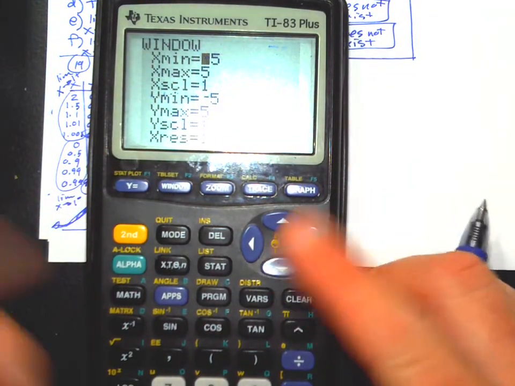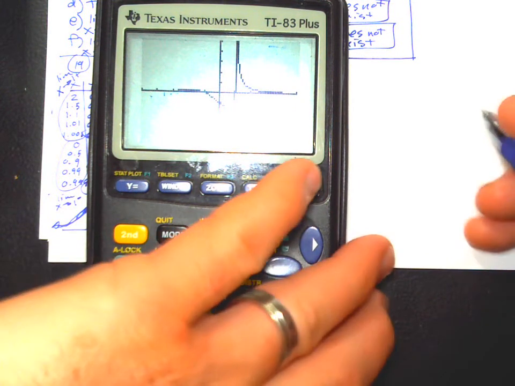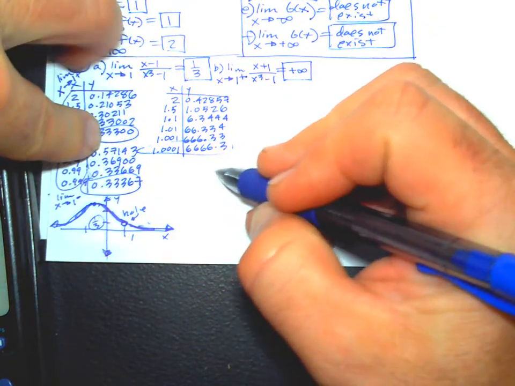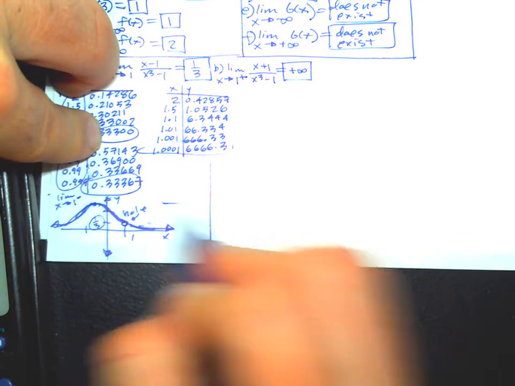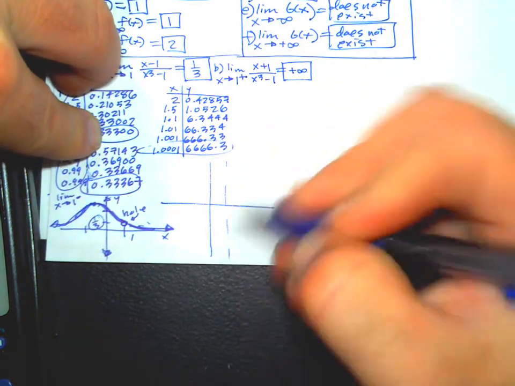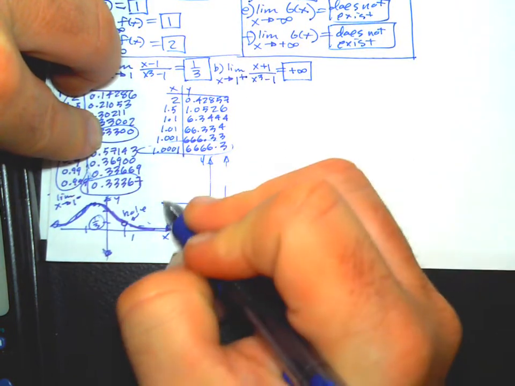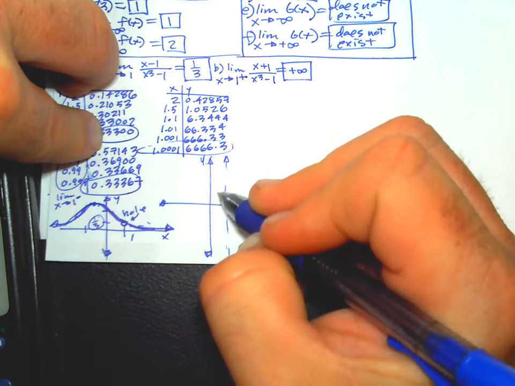Let's see what the graph looks like. Window. I'll just try that graph. Vertical asymptote, horizontal asymptote. There's a vertical asymptote x equals 1, which makes sense. So the graph looks like that at 1.